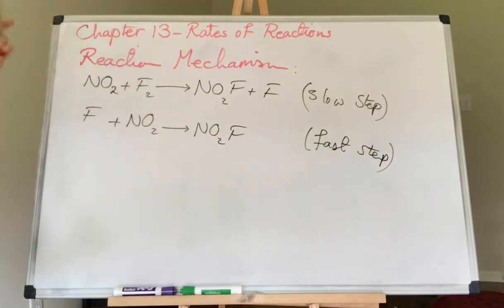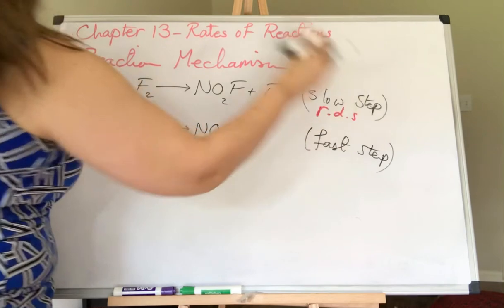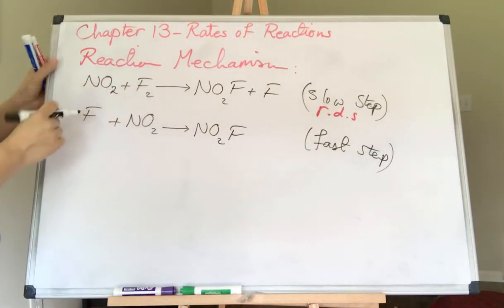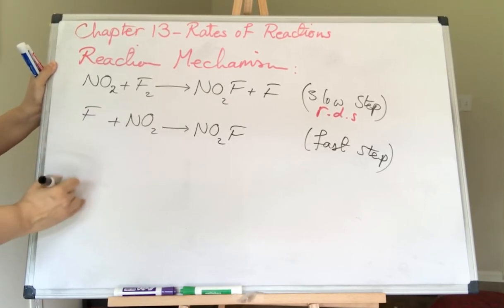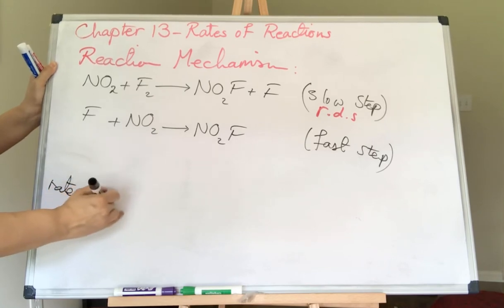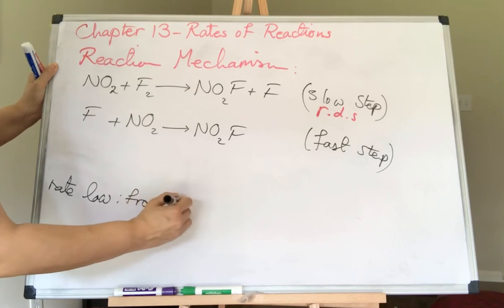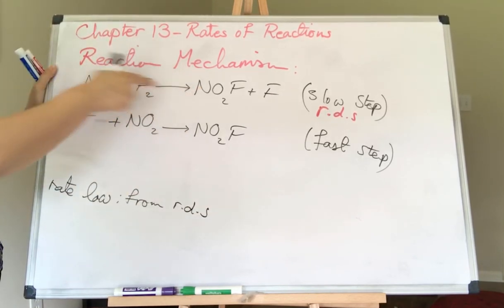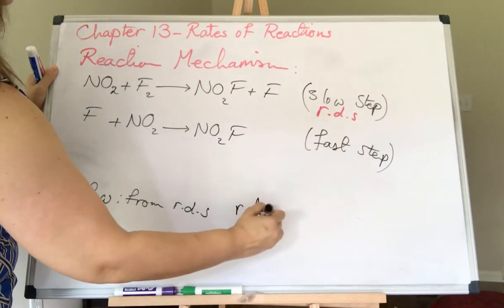So you call the slow step rate determining step. And you write the rate law from rate determining step. So what is the rate determining step here? This reaction.